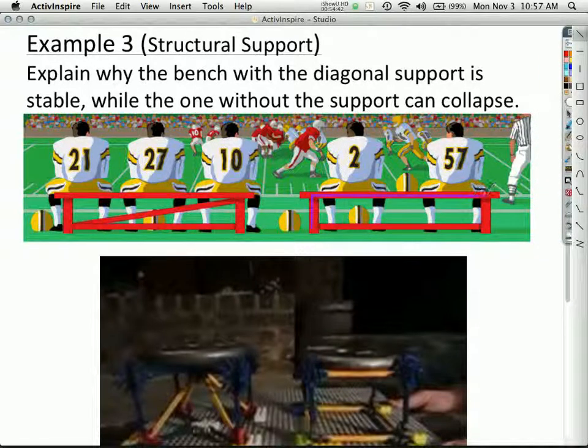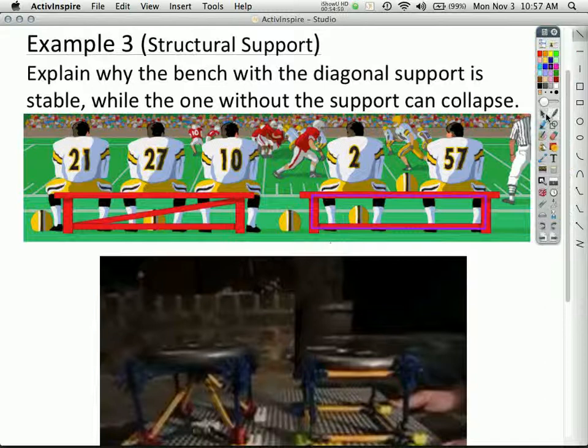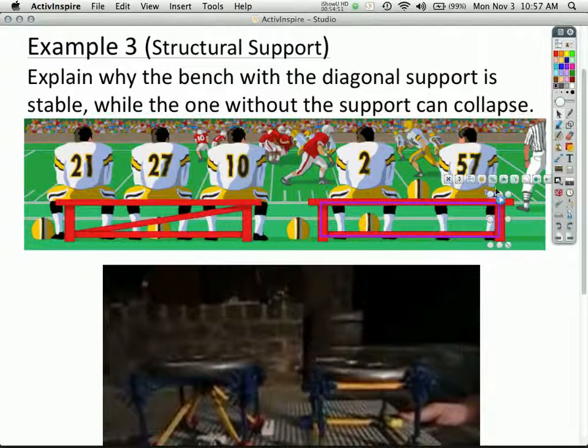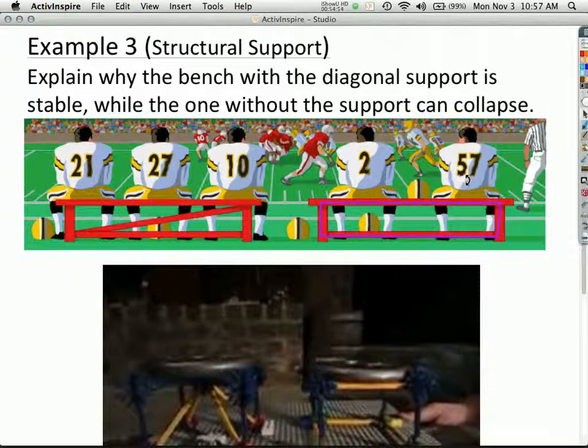Here, this is the support system for this. But what would happen if this side tilted this way and this side tilted this way as well? If I move this over and I move this over, what shape is that now?